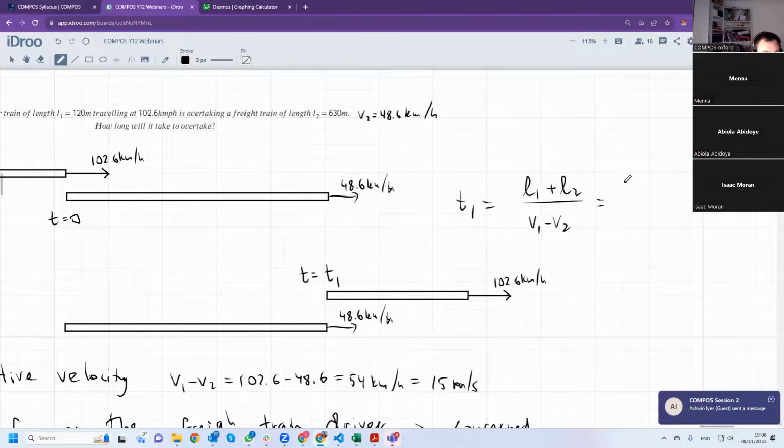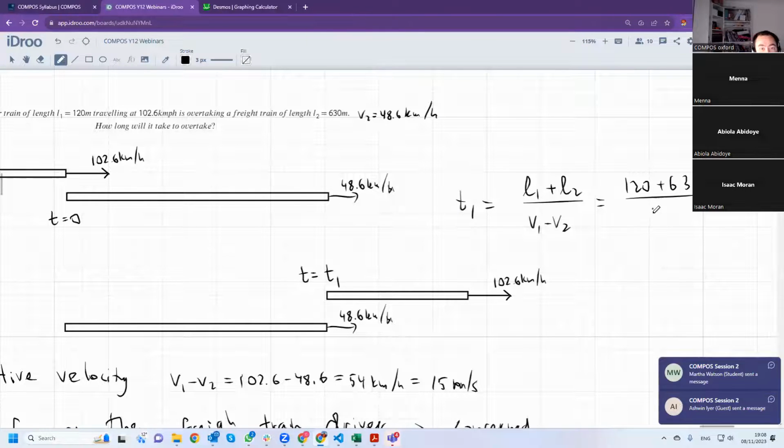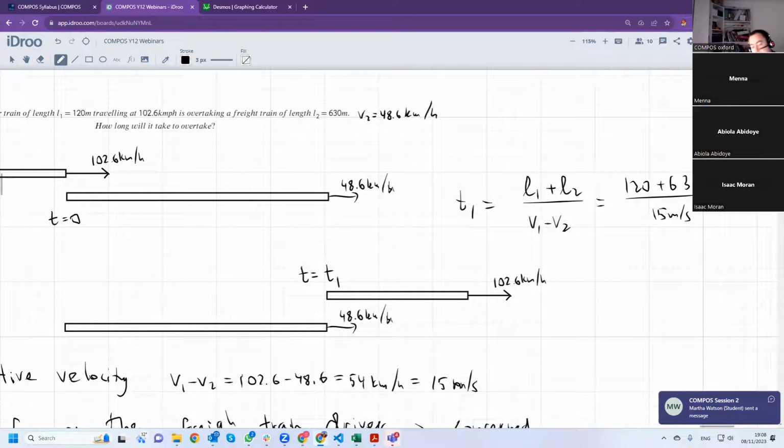That gives us 120 plus 630 divided by 15 meters per second. What is that? 750 divided by 15. 50 seconds. Okay, that's great. That's pretty much it.